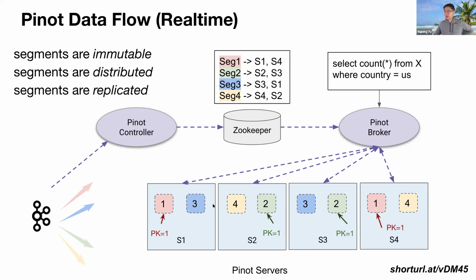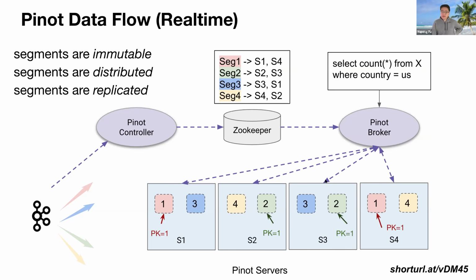But they are in different segments, and in this case, on different servers. So the challenge is how we can identify this relationship of the records across different servers, and then do coordination in an efficient and fast way, because we have pretty strong real-time requirements on the data freshness side.